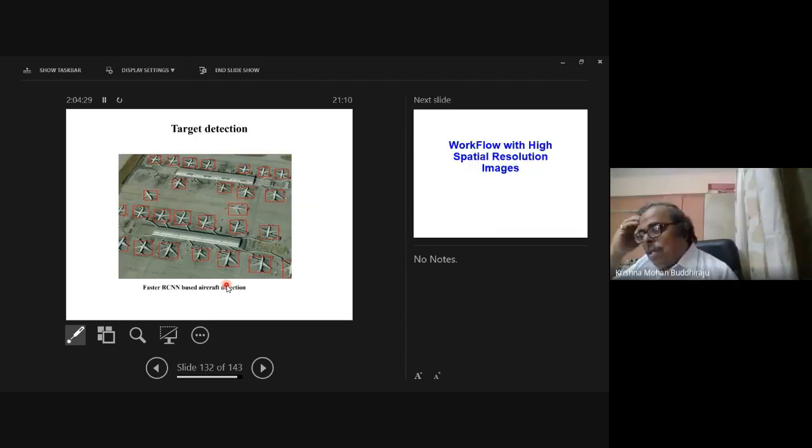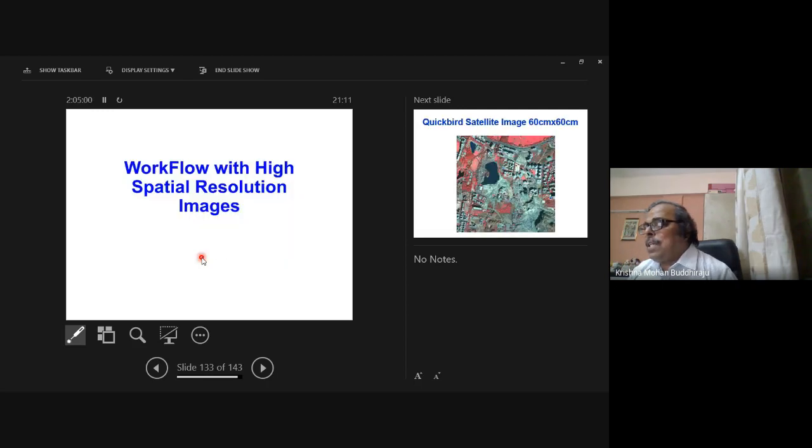If you want, with high spatial resolution data, you have now object detection where you define the object, and each object is enclosed in a region. So this is more region-based classification, where you train it for aircraft and you detect all the instances of the aircraft, or you train it for building and you detect all the buildings, like that.